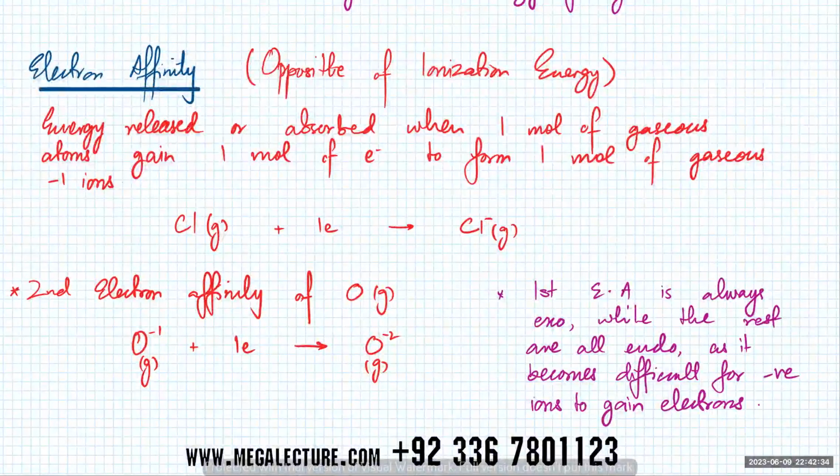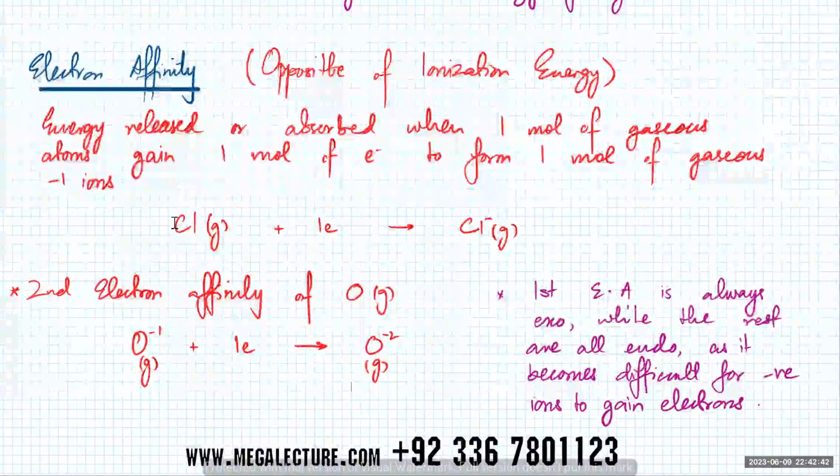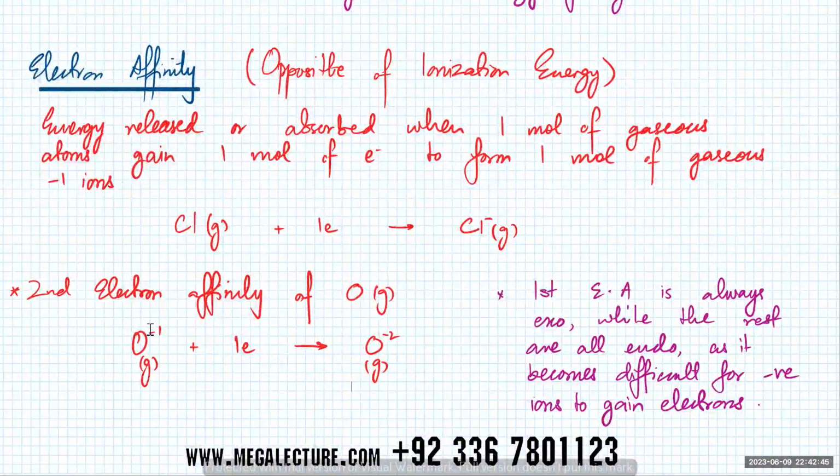So the first electron affinity is always exo, while the rest are all endo. For example, for Cl, it's not difficult for it to gain electrons because Cl is a neutral atom. But for oxygen -1, because it's a negative ion, it's harder for it to actually gain electrons. Is this clear?